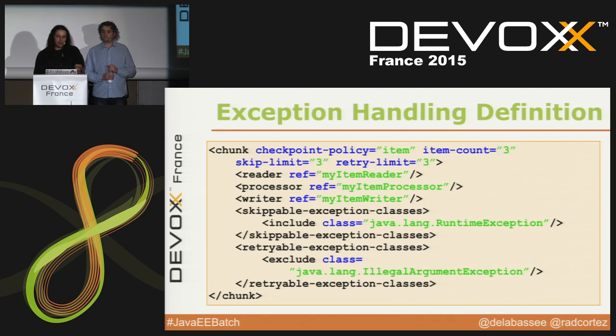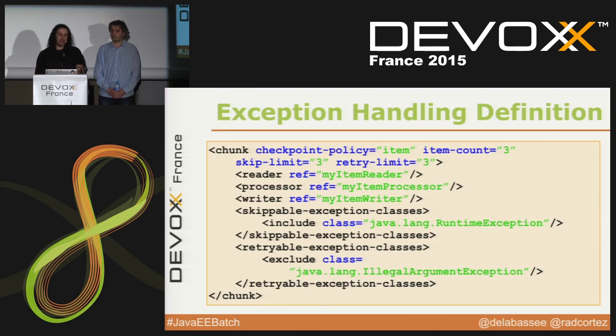But what we're doing here is we want to skip every runtime exception, and we want to retry when you get an illegal argument exception. And if you look on top of the definition, you also see a skip limit and a retry limit. So we're going to skip that exception 3 times, and if for some reason we have a 4th exception, then the job will fail.